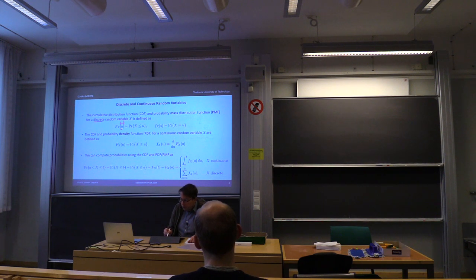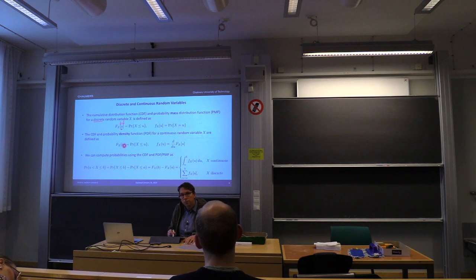For continuous random variables, which are variables which are not discrete, one defines the CDF in a very similar way. So the CDF is the probability that the random variable is less than some number. When it comes to the probability mass function, there is no probability mass function for continuous random variables, but rather a probability density function. And the probability density function is defined as the derivative of the CDF.